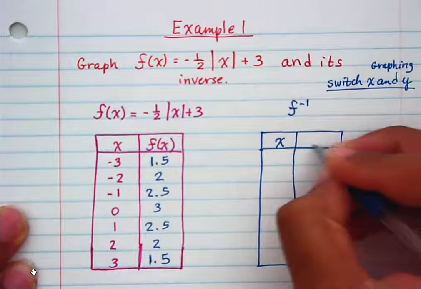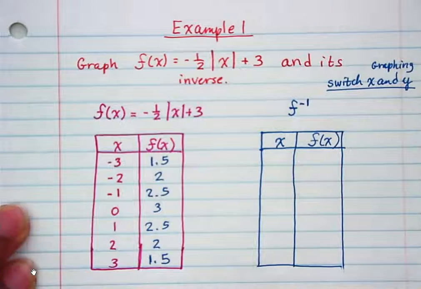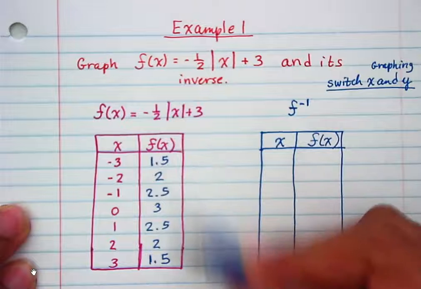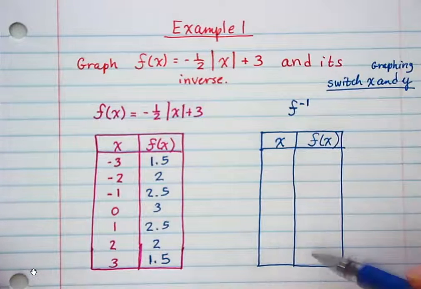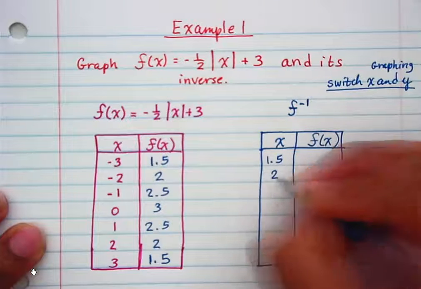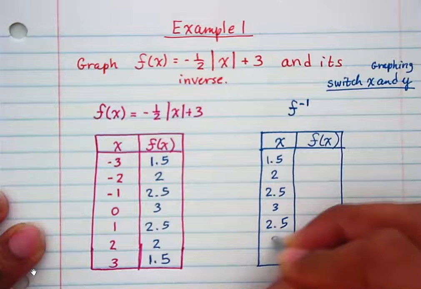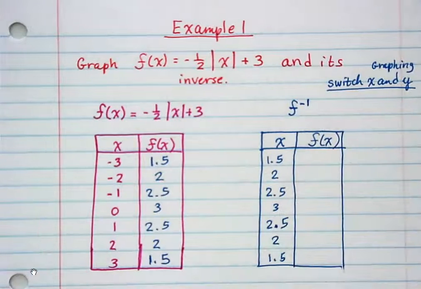All right. So we're still going to call this x and f of x. But remember we said we're going to switch x and y. Whatever your y's are here become your x's here, and whatever your x's are become your y's. So I'm going to write this as 1.5, 2, 2.5, 3, 2.5, 2, and 1.5, because those are our y values that are now our x.